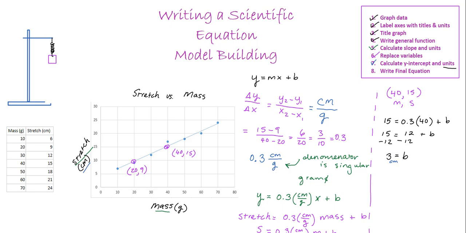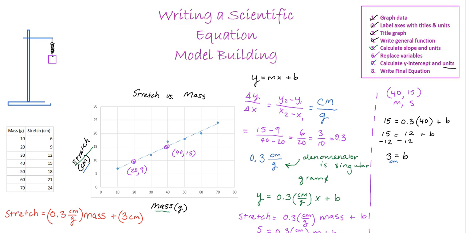It's time to write the final equation. I'm going to put stretch, you could use just S, equals 0.3 centimeters per gram times mass plus 3 centimeters. Keep in mind that this is the slope with the units and this is the y-intercept.